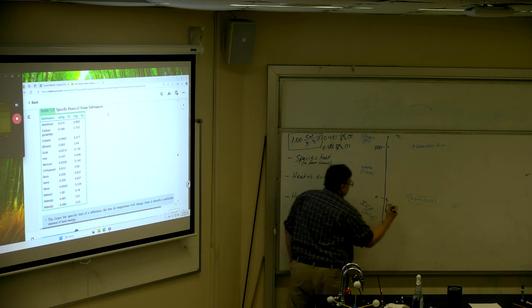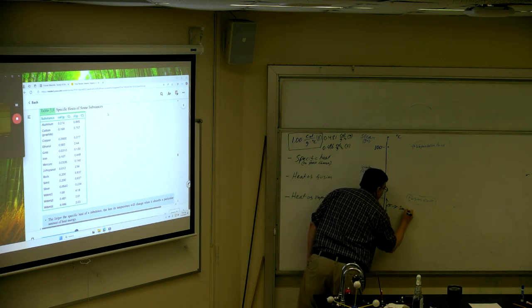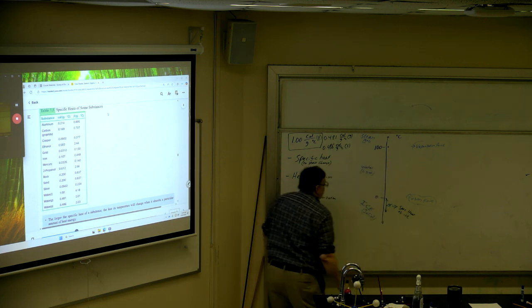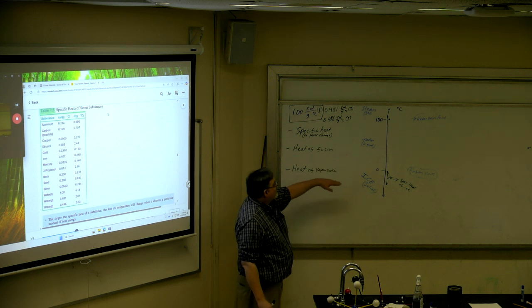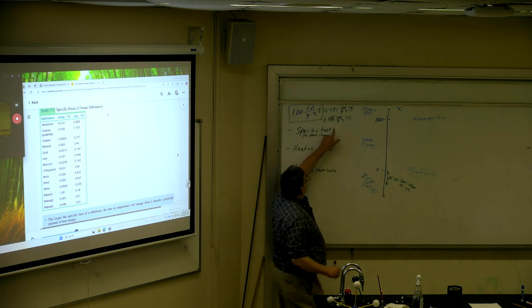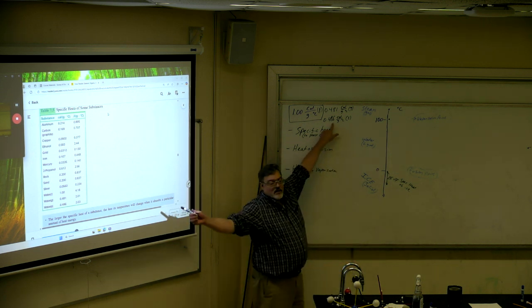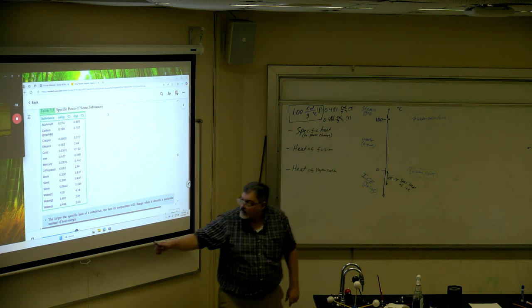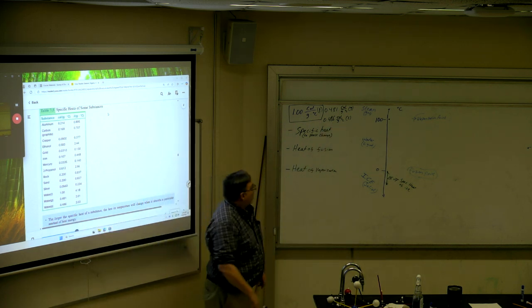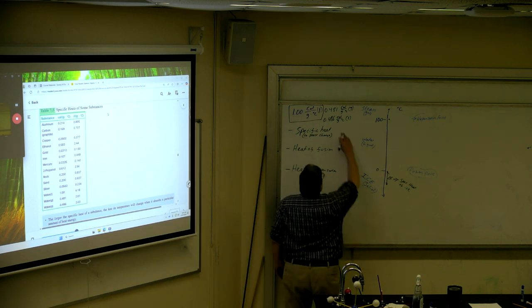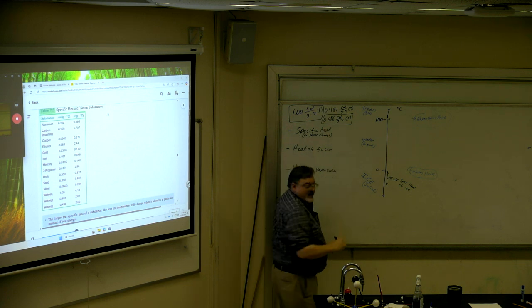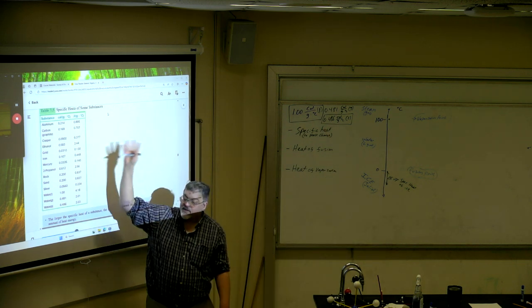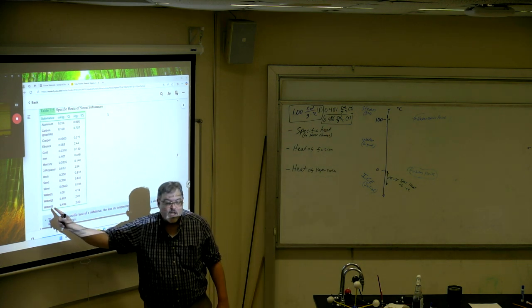I'm going to use the specific heat of ice to get that change in temperature. Meaning I'm going to need this. This is water as a solid, 0.486. So I have to use the specific heat of ice. This is a list of specific heats. This is specifically for solid water.